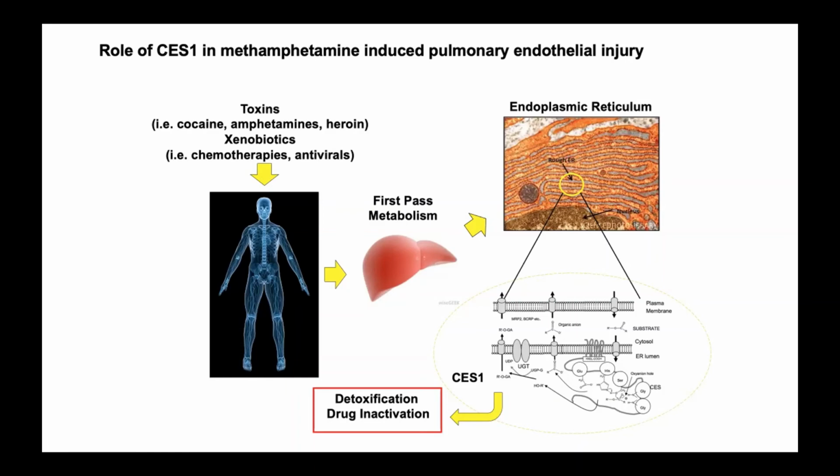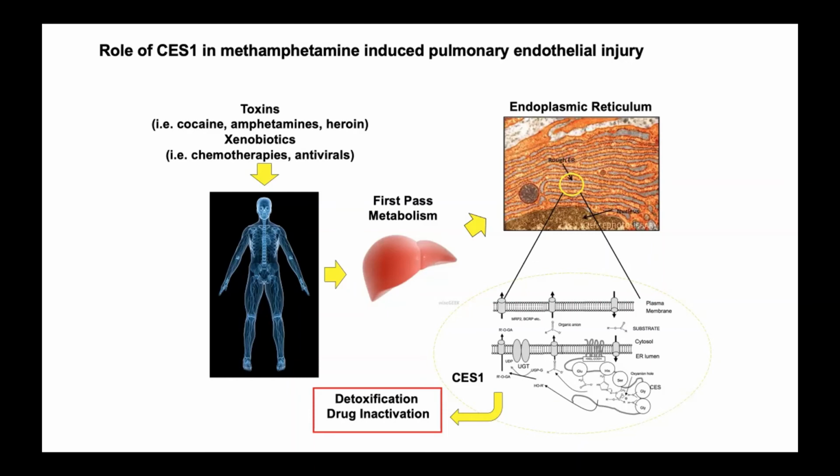And I would like to talk briefly about the carboxylesterase 1 enzyme. This enzyme is located in the endoplasmic reticulum and is responsible for the metabolism of toxins and different drugs. What we found in our earlier studies is that BMPR2 mutated patients have lower expression of CES1 in their endothelial cells.